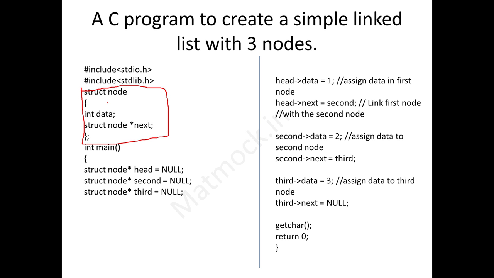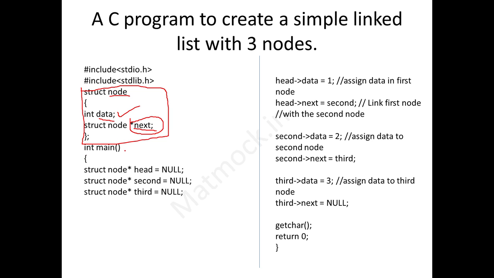A node is created by using a structure. The name of the structure will be node. It will contain two parts. The first part is data part, and another part is next pointer, of type struct node.